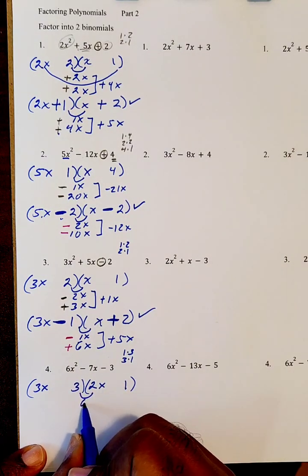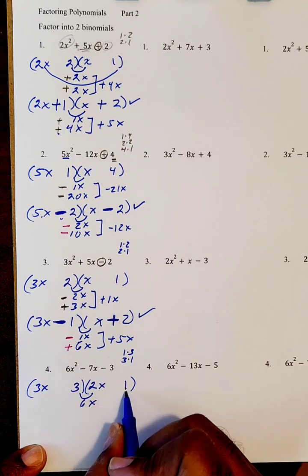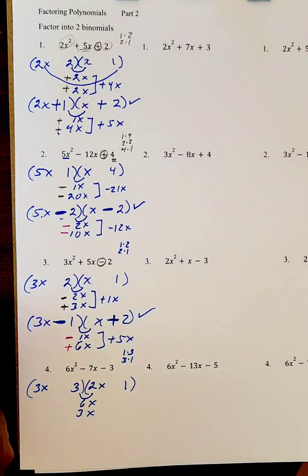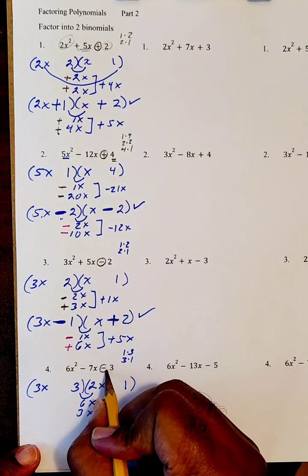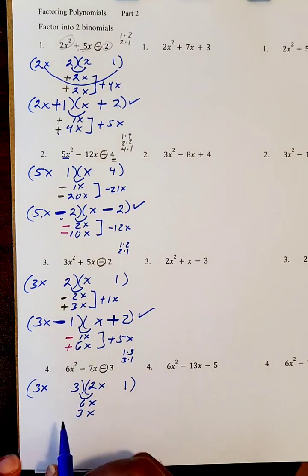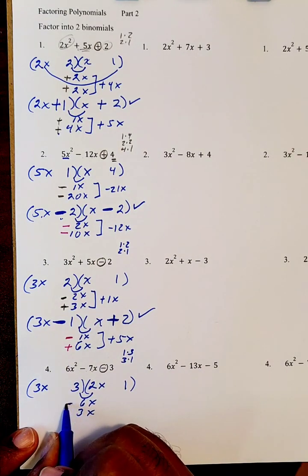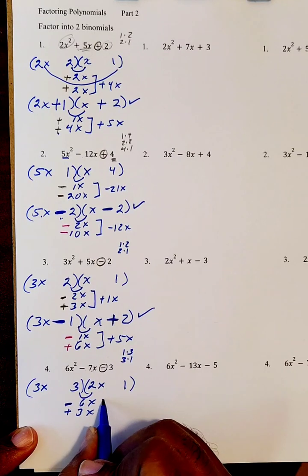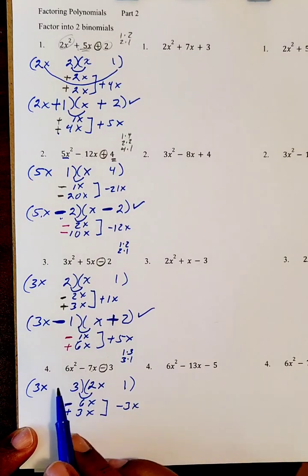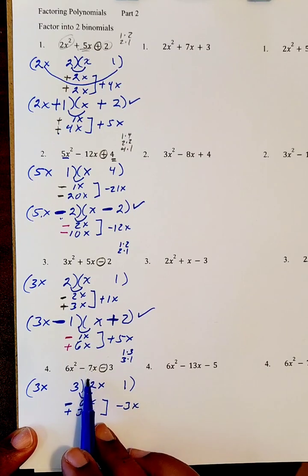So this will give us 6x, and this combination will give us 3x. And according to this, we need different signs to get a negative. So if I use different signs, I would make this negative and this positive, and that combination will give us a negative 3x. It's negative, but it's not what we need. We need a negative 7x.